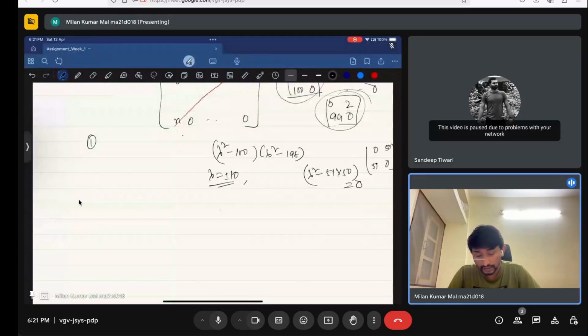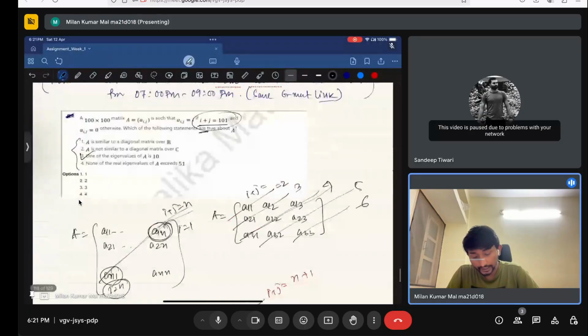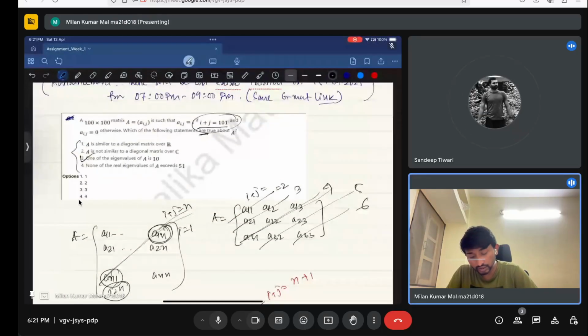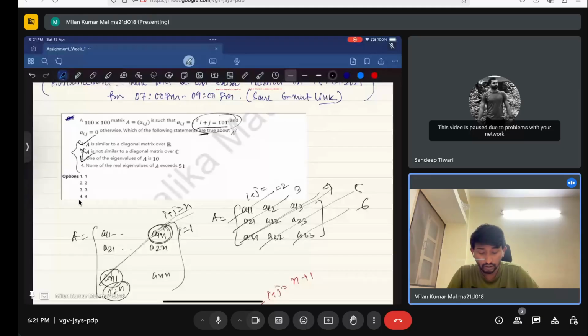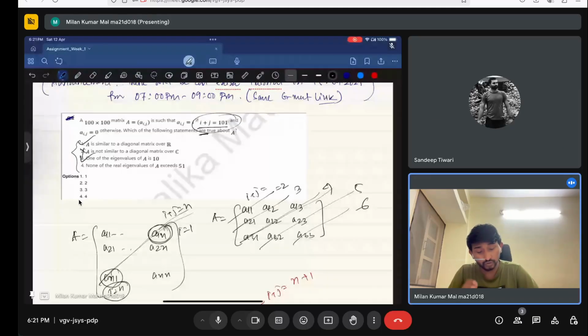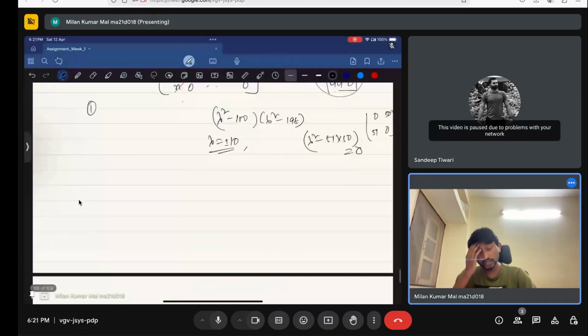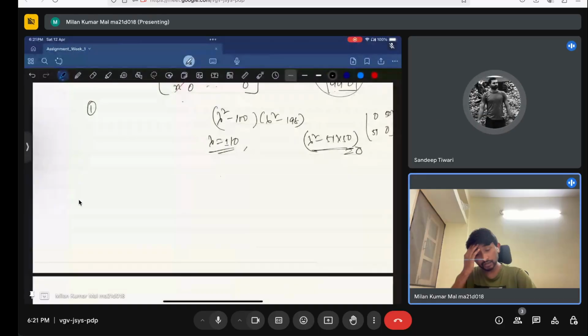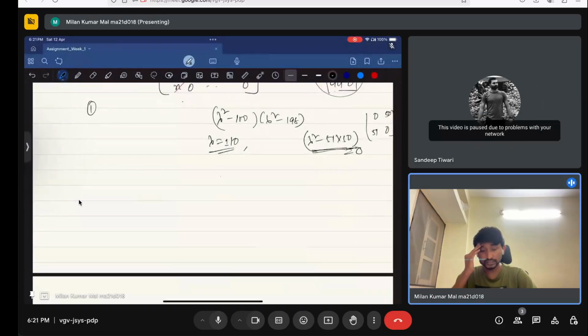Therefore A is diagonalizable over R, A is similar to a diagonal matrix over R. This is also true. None of the real eigenvalues of A exceed 51, that will also be true, because this is the maximum product.